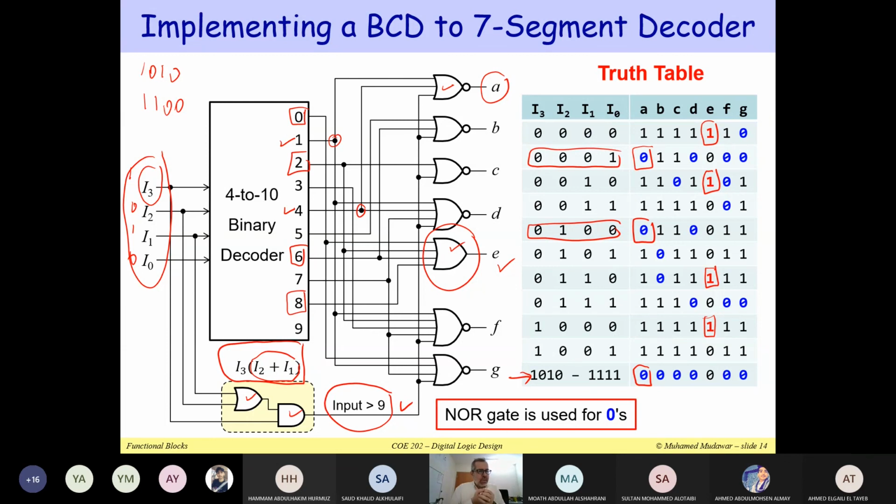So we use a 4 to 10 binary decoder to implement a BCD to 7-segment decoder. The BCD to 7-segment decoder is a special type of decoder, but it was also implemented using a 4 to 10 binary decoder plus some extra gates. Do you have any question about this example? So this is a nice example of how we can use a decoder to implement combinational circuits.